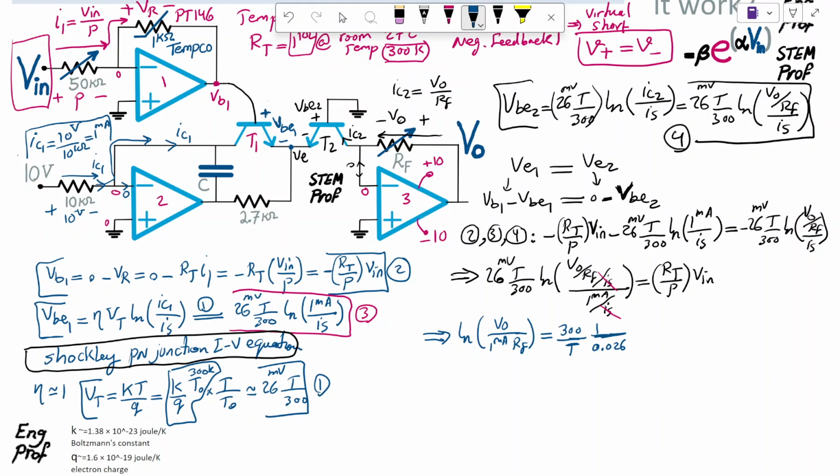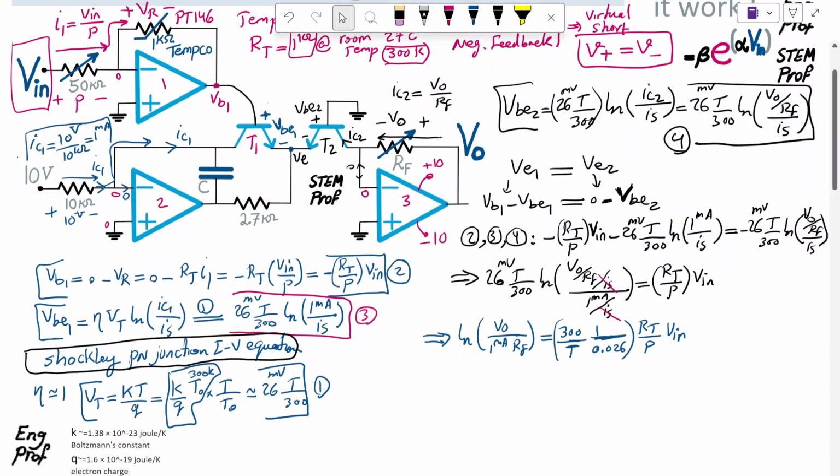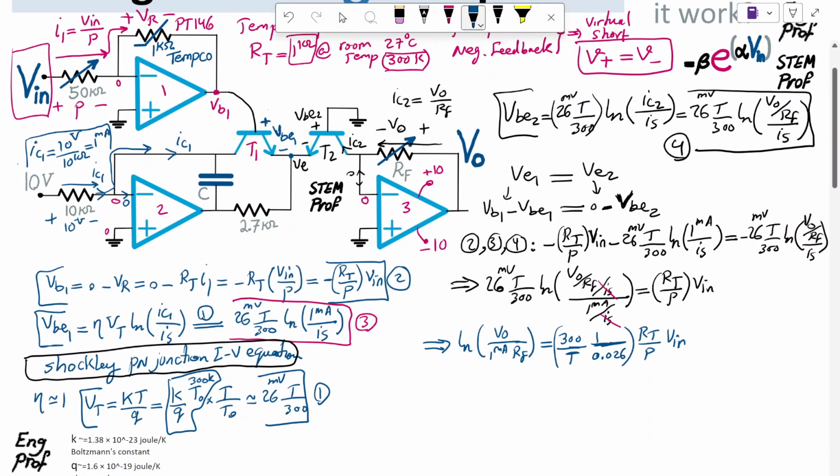This is the result of moving these to the other side. And we have RT over potentiometer P times Vn. Okay, so one thing I can do is set the value of RF to 1 kilo ohm.